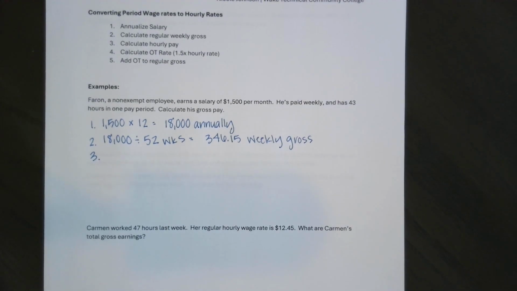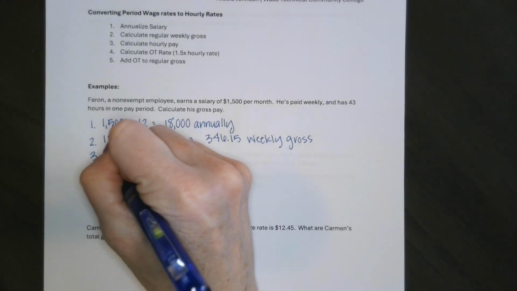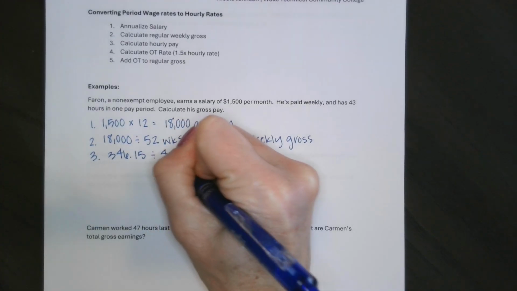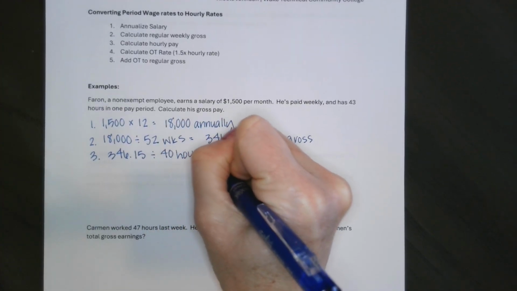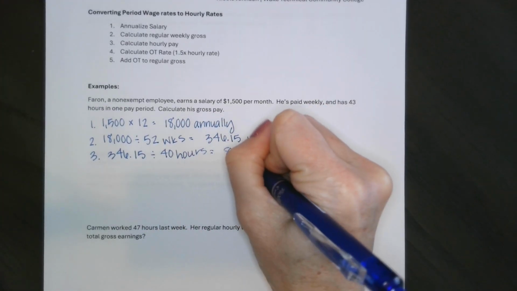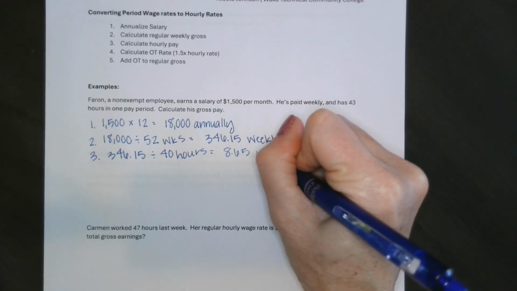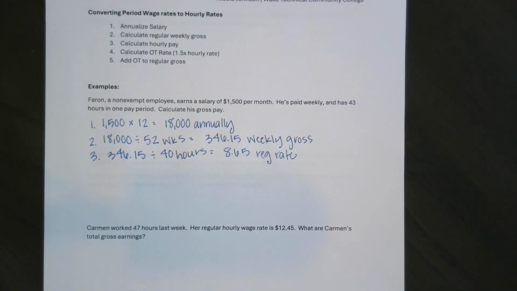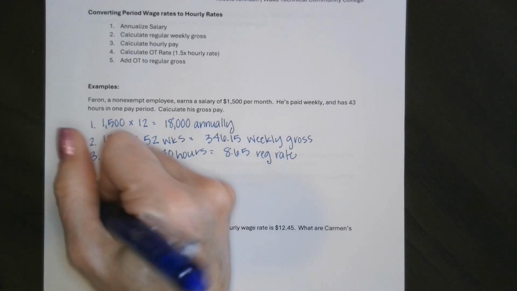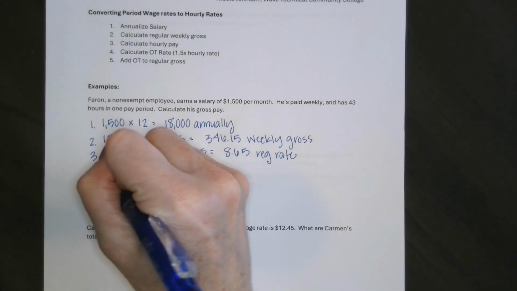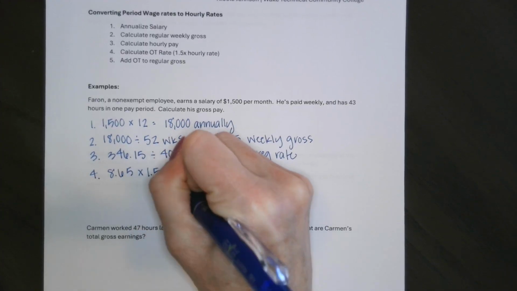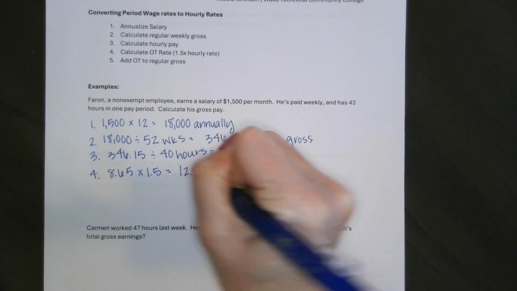Then we will calculate the hourly pay. We'll take the $346.15 divided by 40 hours. Get $8.65 regular rate. Then we'll calculate the overtime rate. Take the $8.65 times 1.5, we get $12.98 overtime rate.